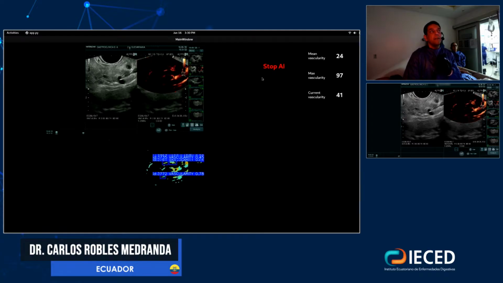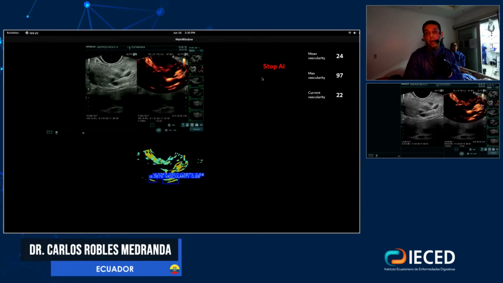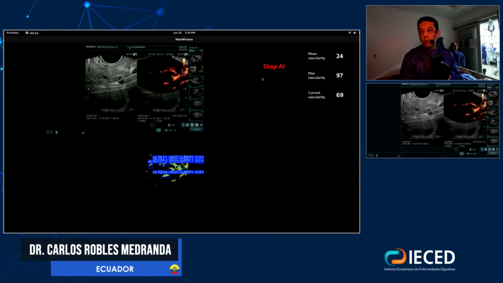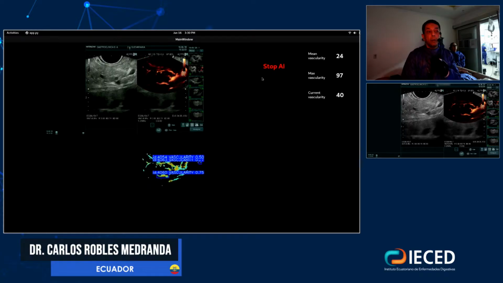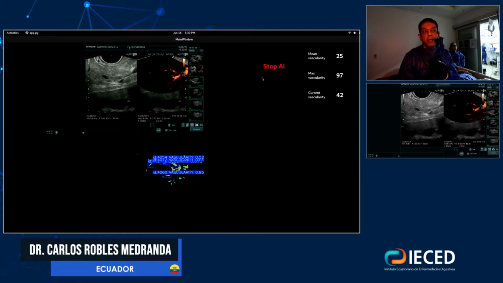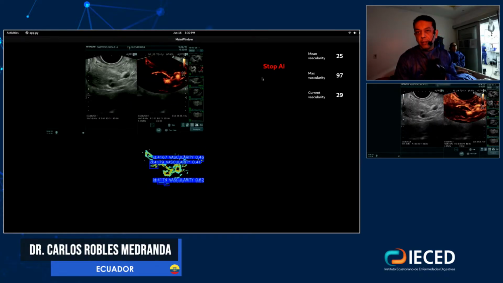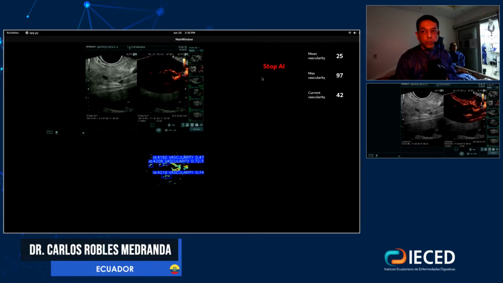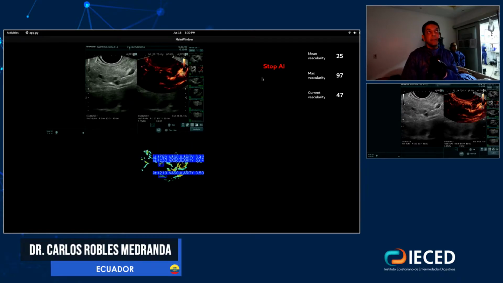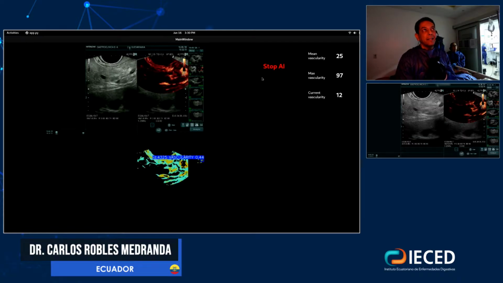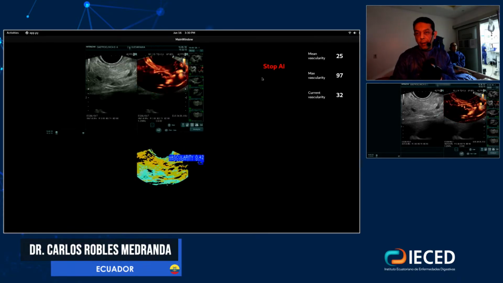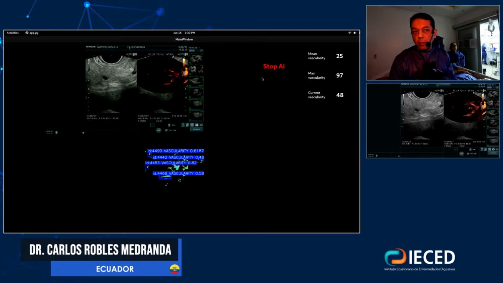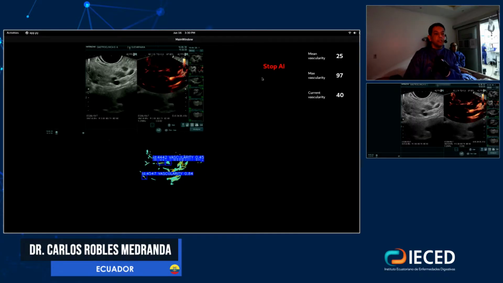So with that, we can have a mean vascularity of 24 that is high, to be honest, compared with the serous cystoadenoma, which is very interesting. And also when you compare with the neuroendocrine tumors, they have the highest mean vascularity and also the highest maximum vascularity. So that proportion is more objective to say when we are seeing a lesion.